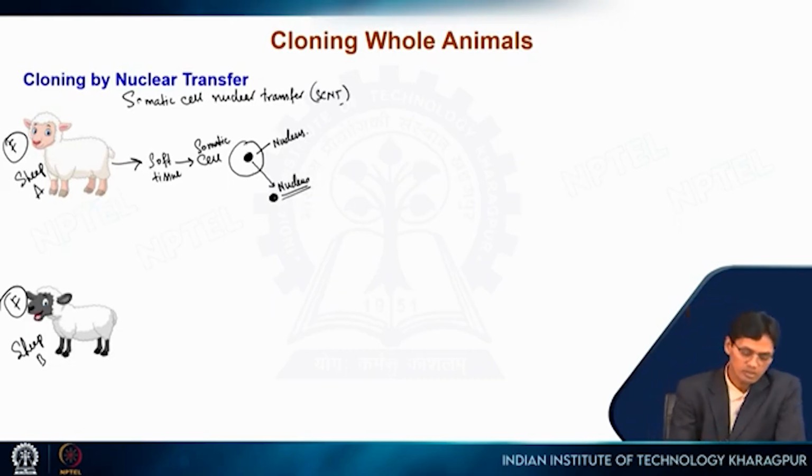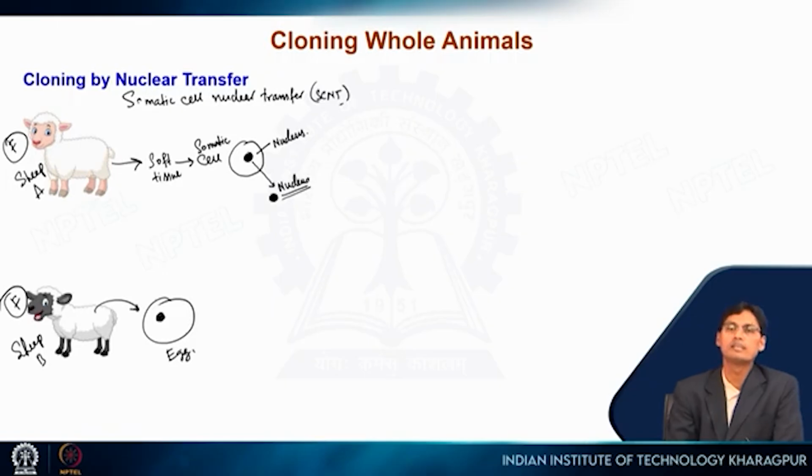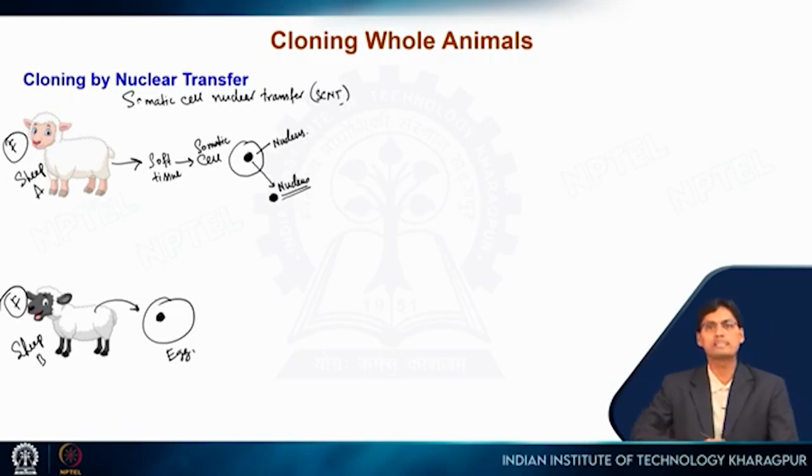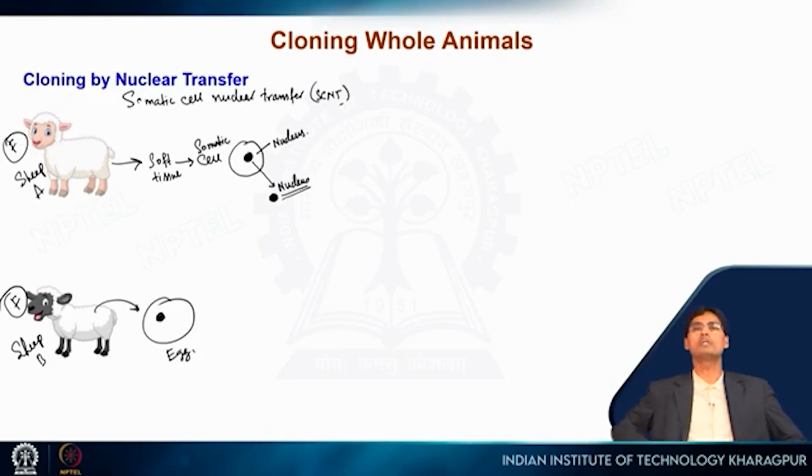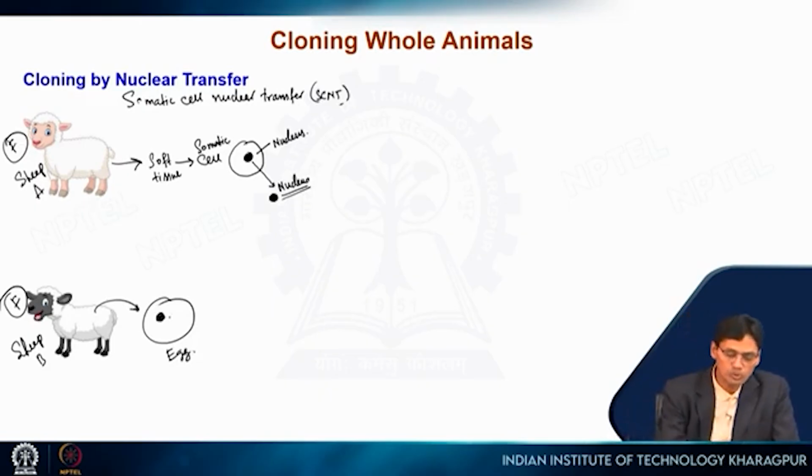Similarly, sheep B, as I already mentioned, is a female sheep. From this sheep, we will be getting the egg cell. Here you have half of the chromosomes, but that does not matter because we are not relying on the egg chromosomes here.